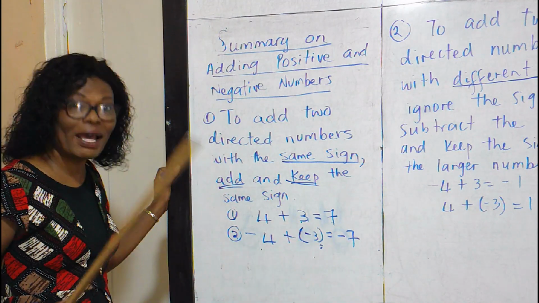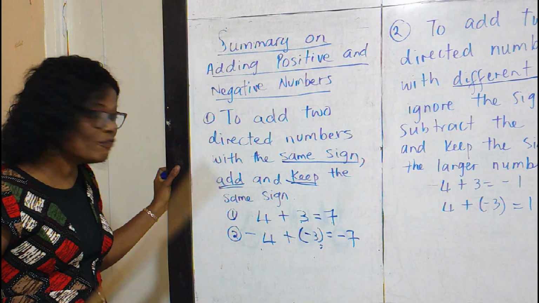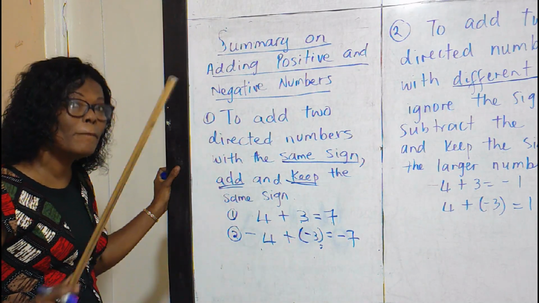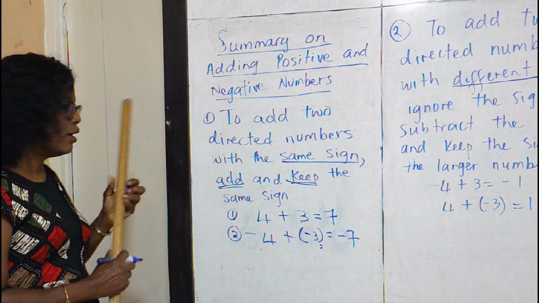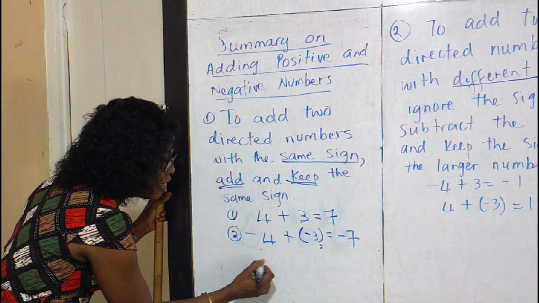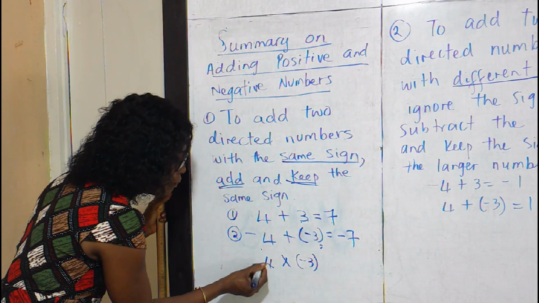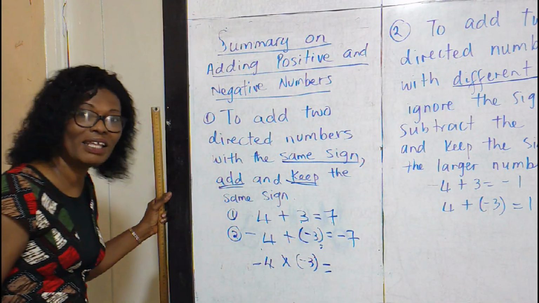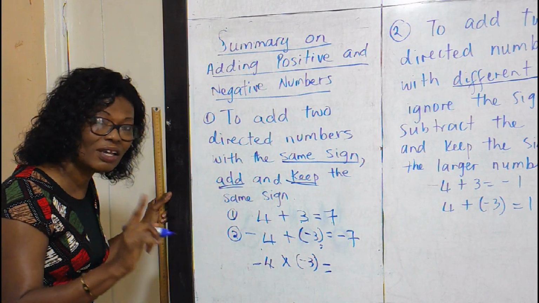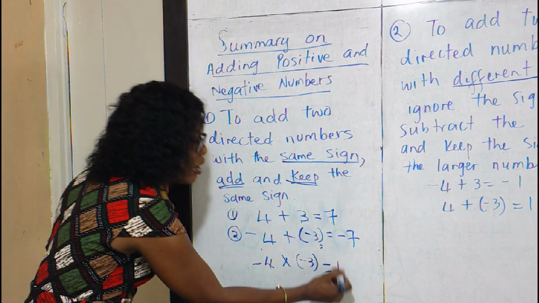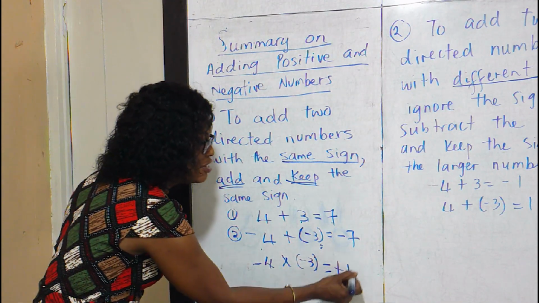Okay? Oh, by the way, don't confuse adding two numbers with multiplying. If you're multiplying negative 4 times negative 3, the answer is not going to be negative. It's going to be a positive, because a negative times a negative is a positive, and 4 times 3 is 12.